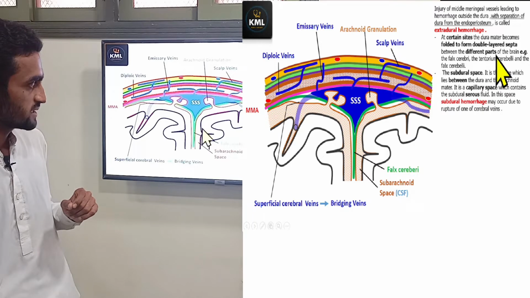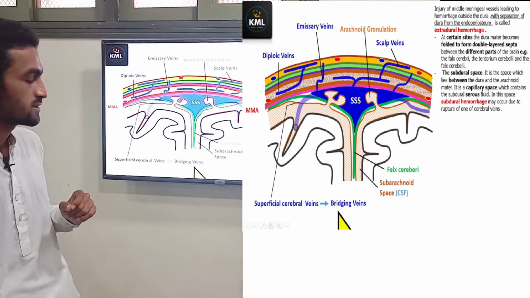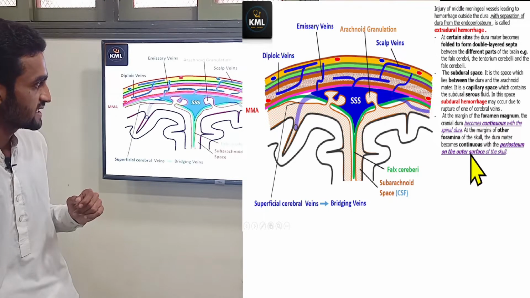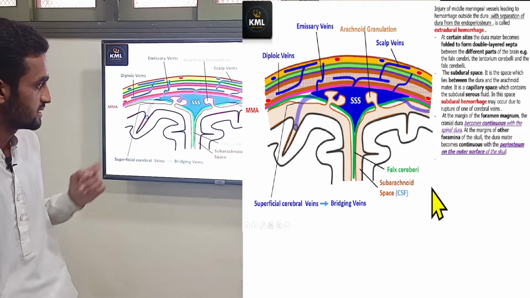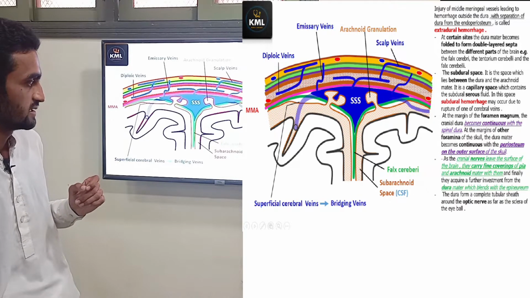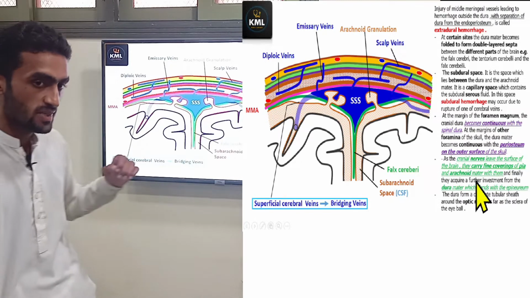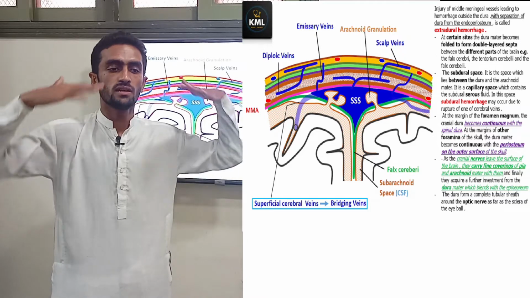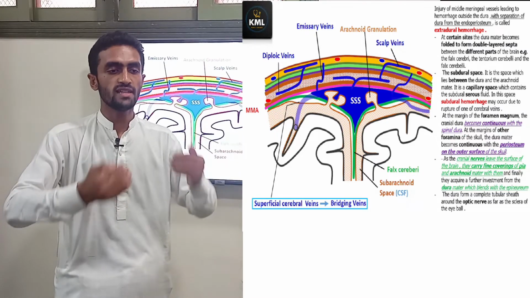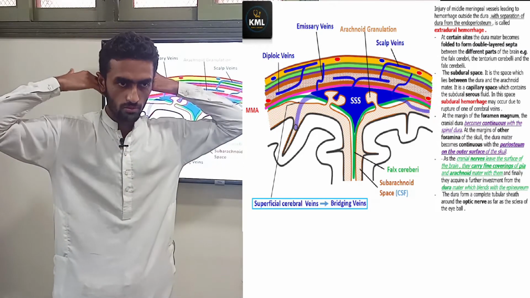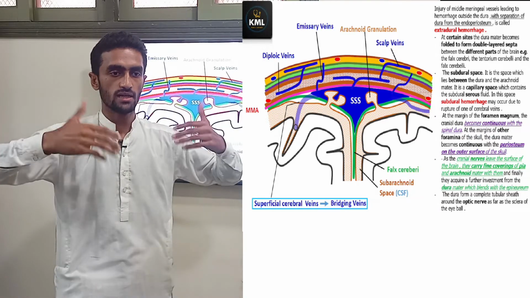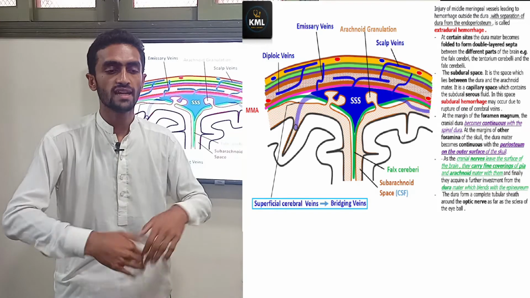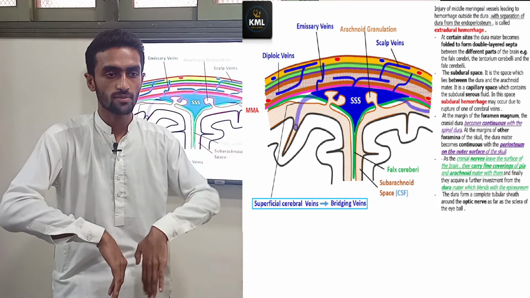So in subdural hemorrhage the superficial cerebral veins are involved. And the other thing: the meninges have a periosteal layer which remains connected with your skull, while the meningeal layer goes back to the midbrain, pons, and medulla oblongata, and enters at the level of the foramen magnum into the spinal cord.